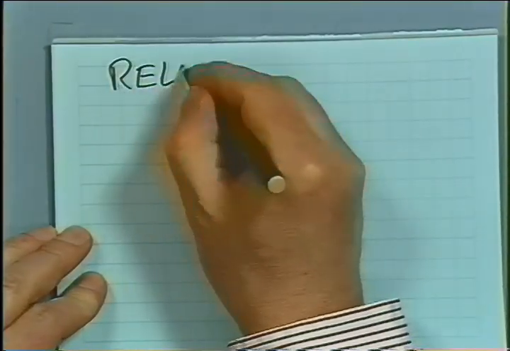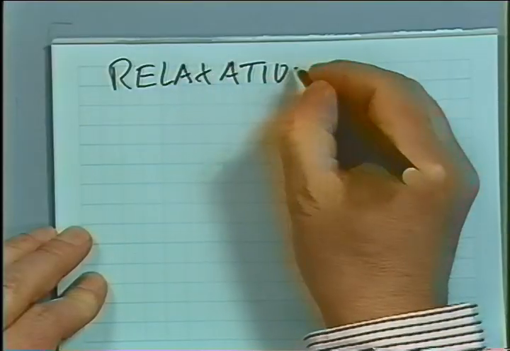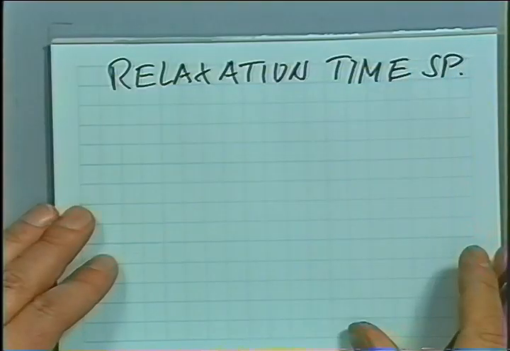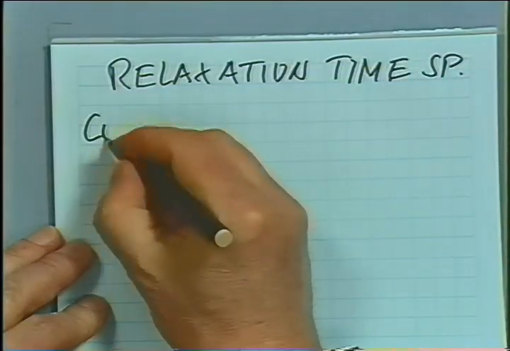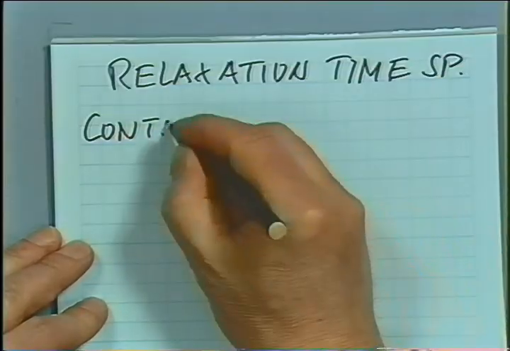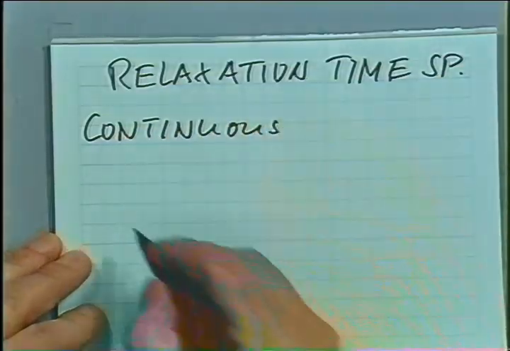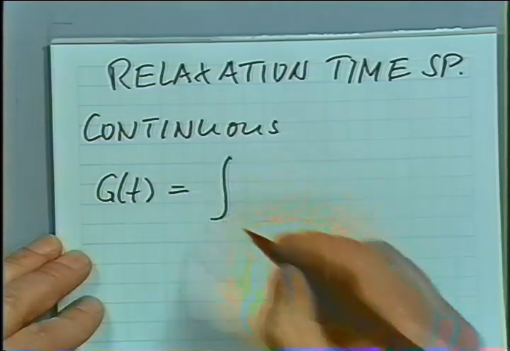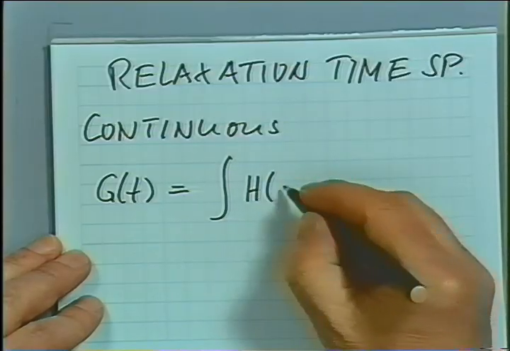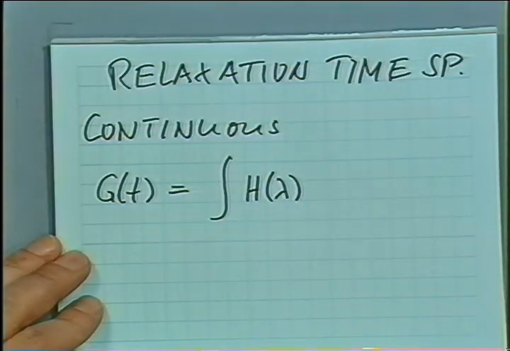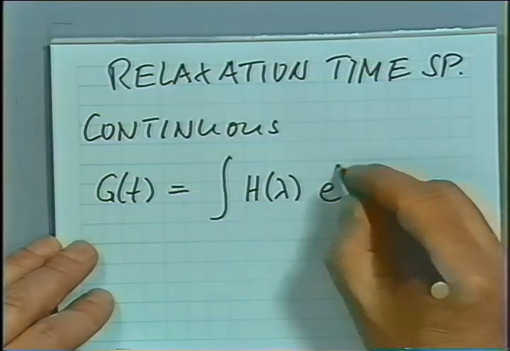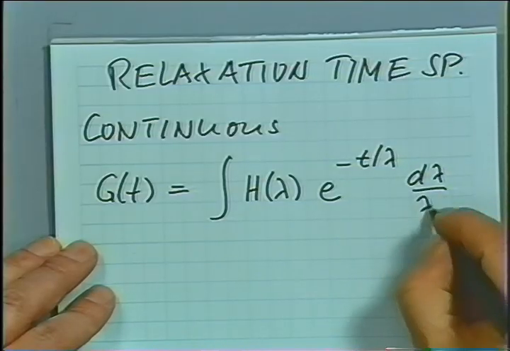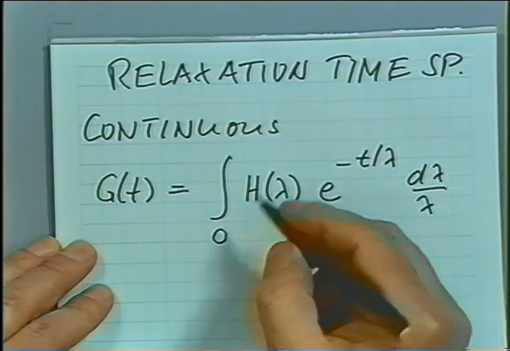We would take the relaxation time spectrum, and in the continuous fashion, you would say that the relaxation modulus is given as an integral over the relaxation time spectrum, H of lambda, times e to the minus t over lambda, d lambda over lambda, and this is integrated from 0 to infinity.